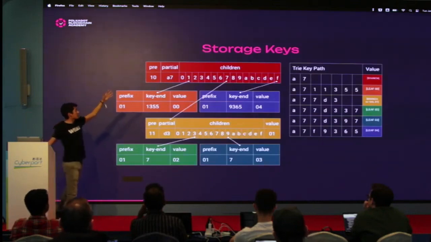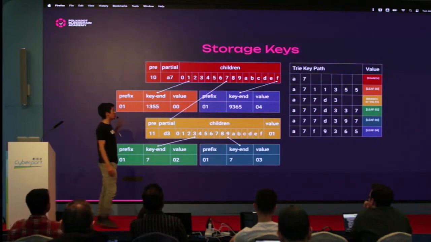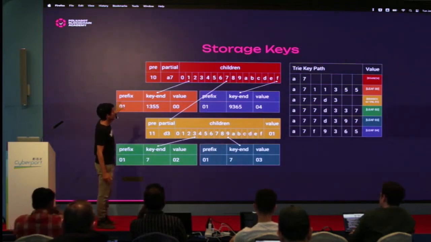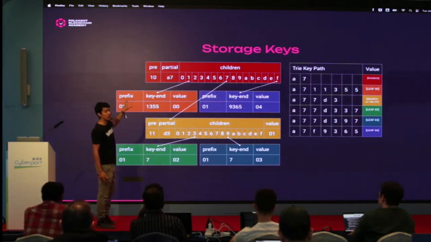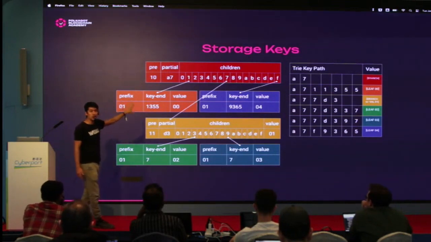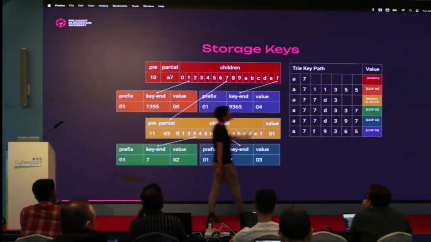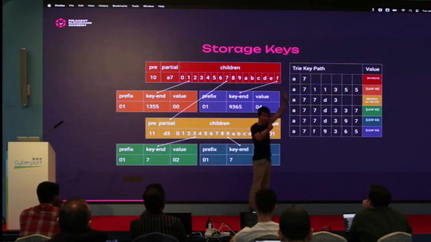But basically, there's Patricia tree, there's Patricia keys, and we look at an actual substrate database, what the actual Merkle Patricia tree looks like. It looks something like this. This is a visualization of that actual true Patricia Merkle tree. So you can see here that there's two kinds of keys.